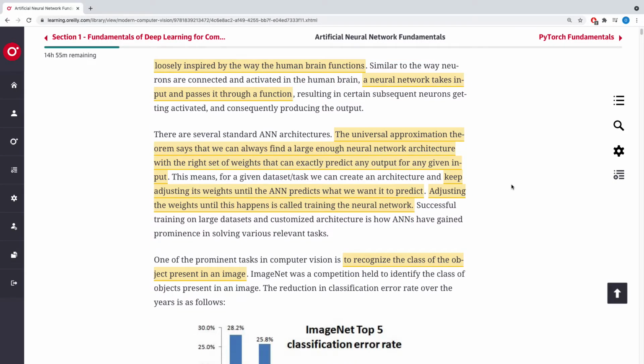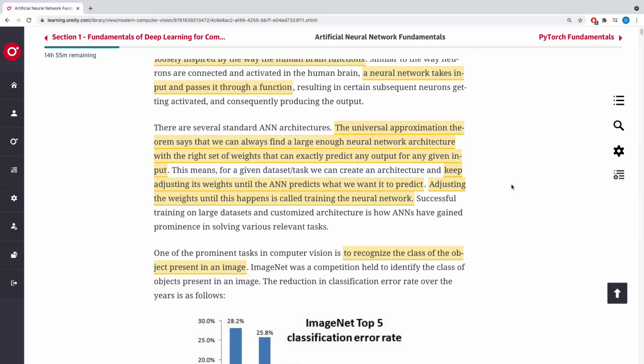So here we talk about the universal approximation theorem, and what that theorem says is that there always exists a neural network for any kind of function. So you can approximate any function with a neural network.